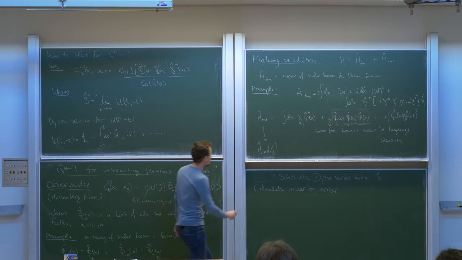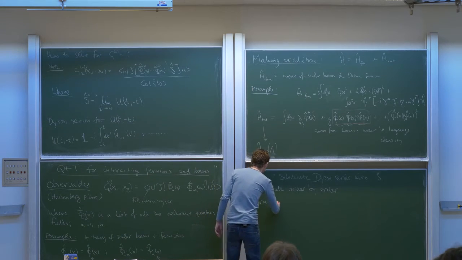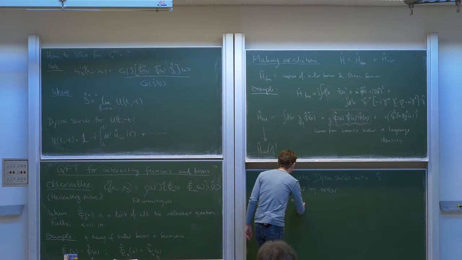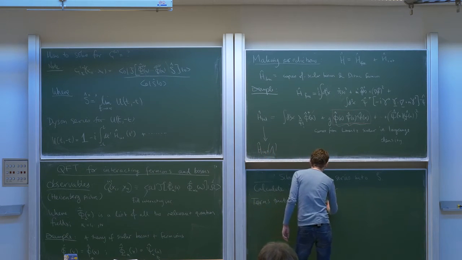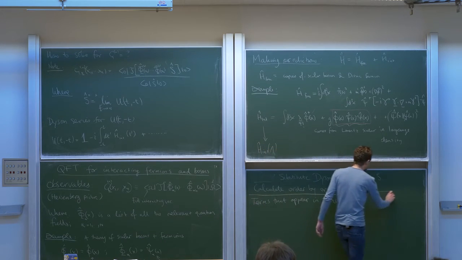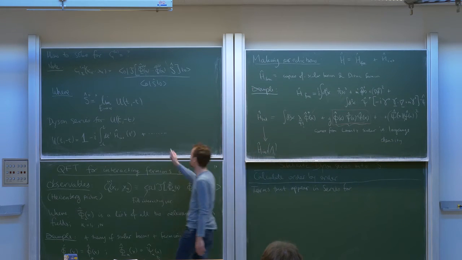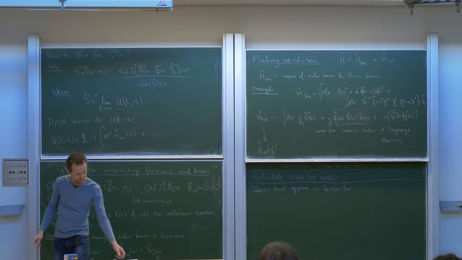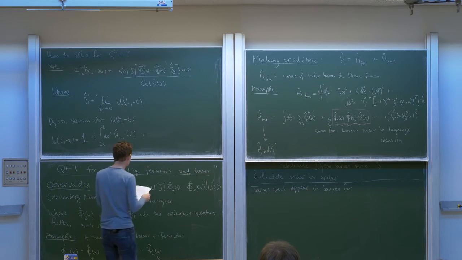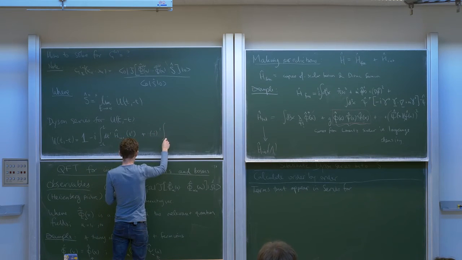So in order to calculate order by order, if you look at the Dyson series, I guess I didn't put enough terms up here for that to be obvious. If you look at the Dyson series, you see that higher order terms have a very special form. They're time-ordered products of field operators.